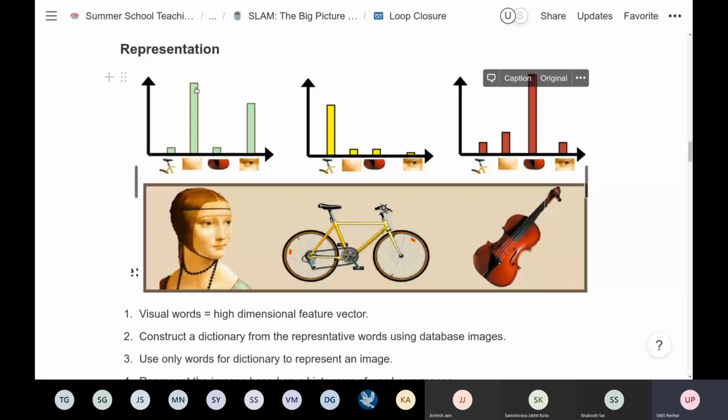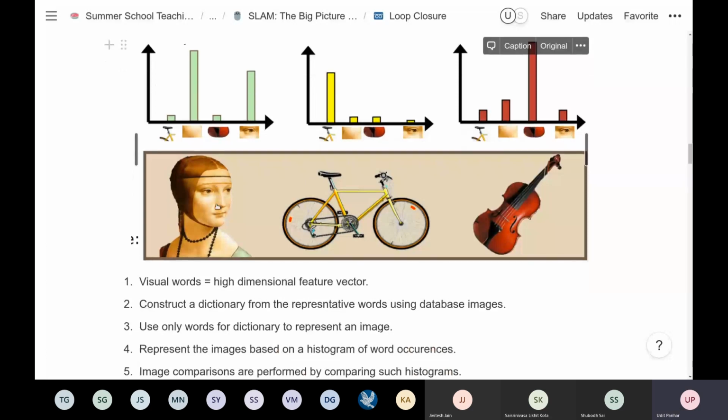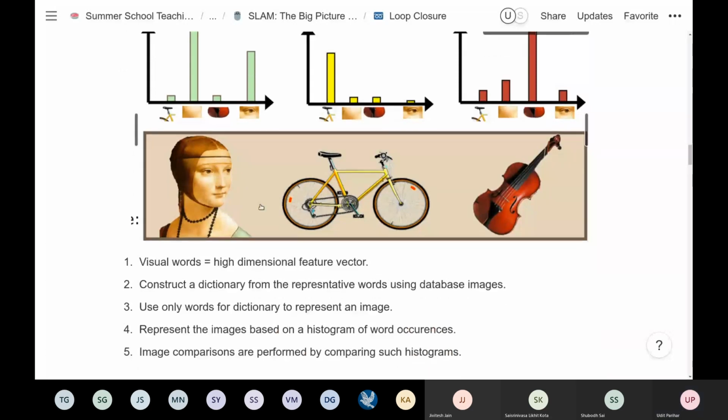The skin word is very high, the value of the histogram on the y-axis is quite high, and this eye is pretty high. So this histogram will be the representation corresponding to this image. This is sort of an overview, and similarly for these two images.